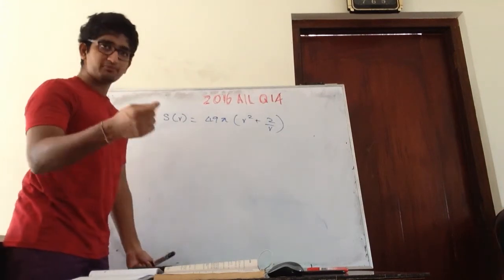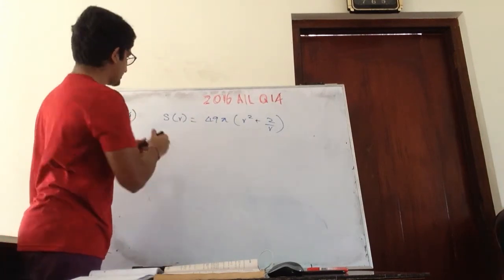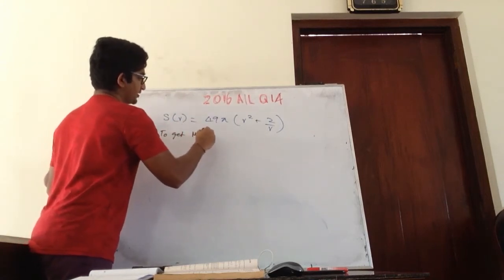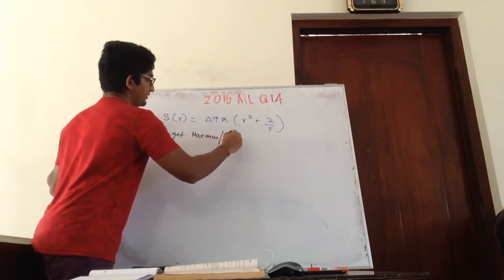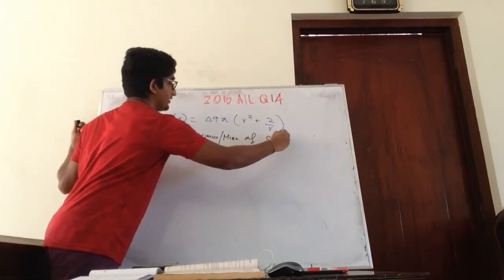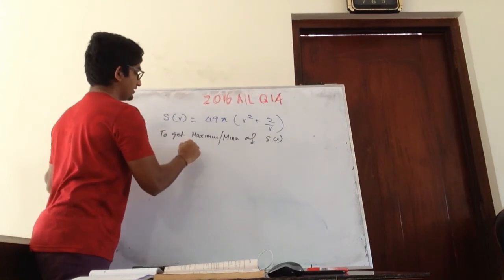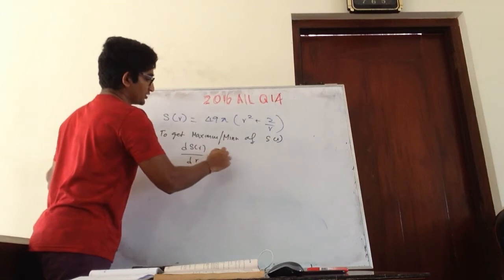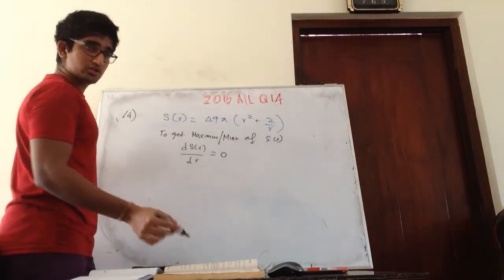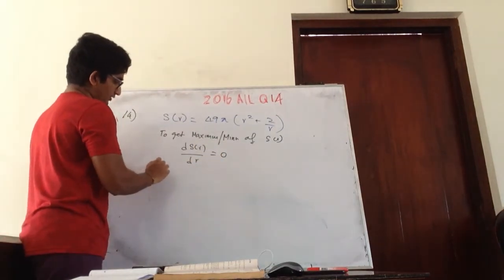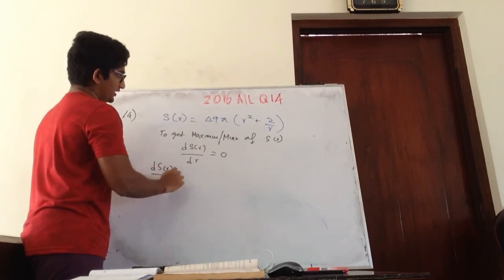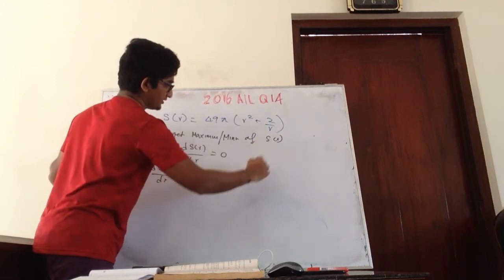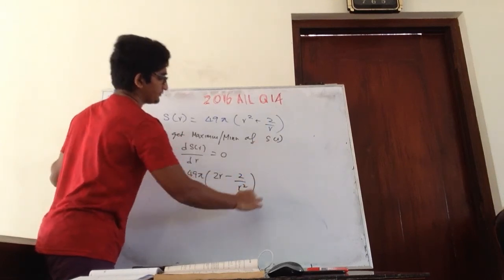In order to get the maximum or minimum of this function S(R), we need to take dS(R) over dR and equate it to 0. Correct no? So let's find dS(R) now. dS(R) over dR is going to be 2R minus 2 over R square.